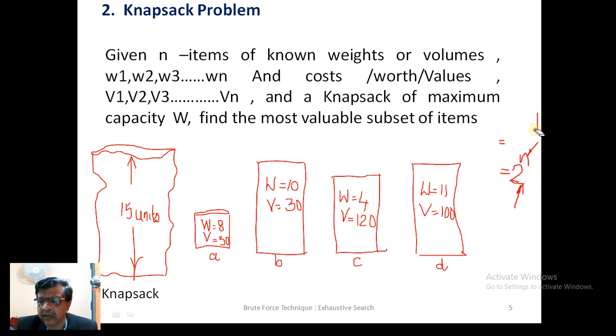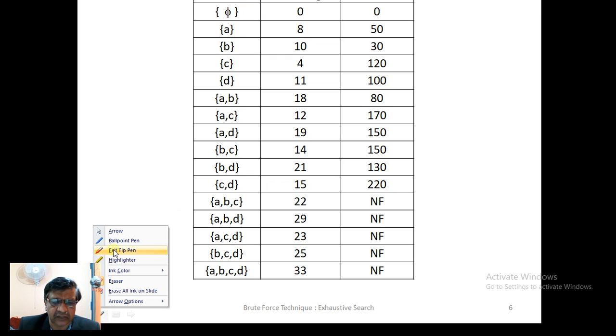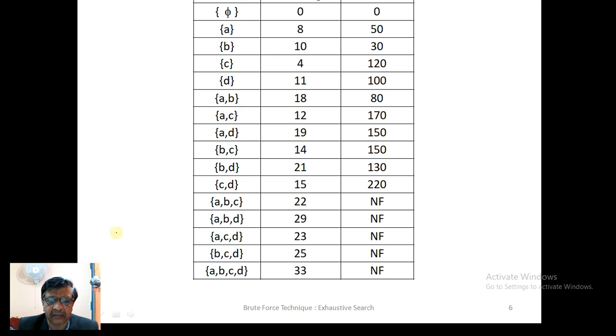Now we will see how exactly we can apply the brute force technique to generate what is called the lookup table. Here it is, null set, and a person doesn't want to take anything because he feels robbery is not good. Maybe he is a sage. It generates a null set, therefore it has 0 weight and 0 value.